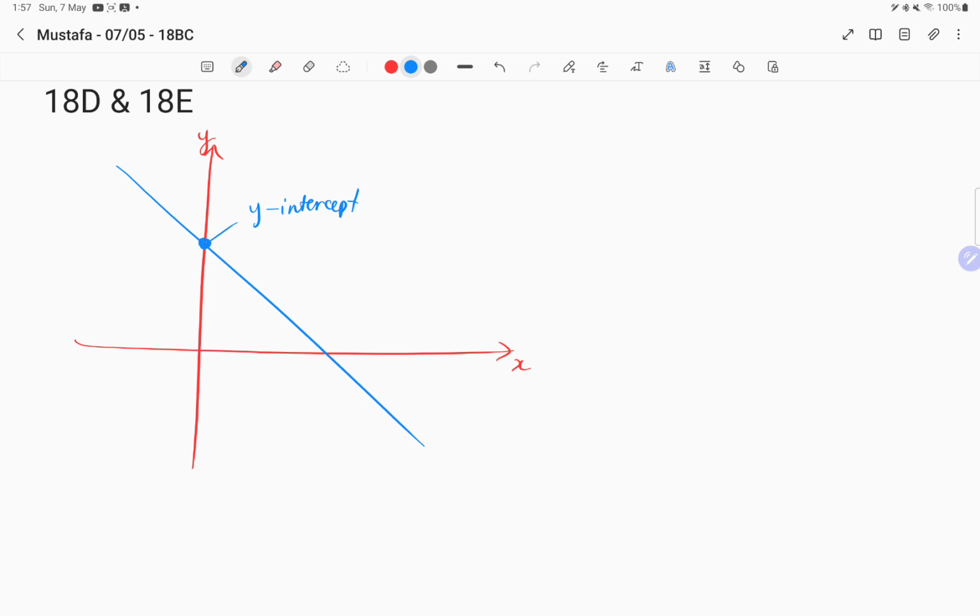Do we know the y coordinate? No, we don't. So we just write y. And what's the x coordinate? We do know the x coordinate.